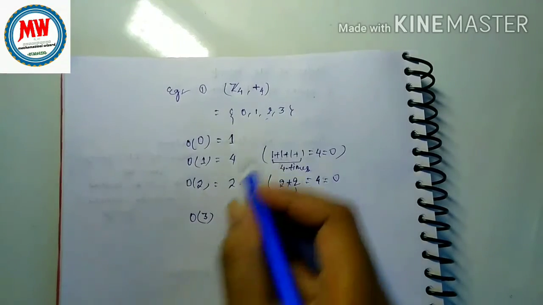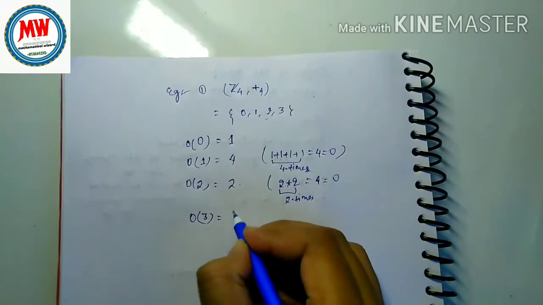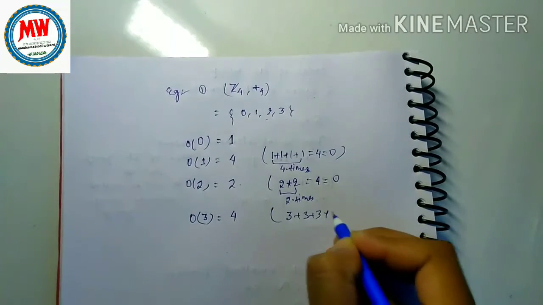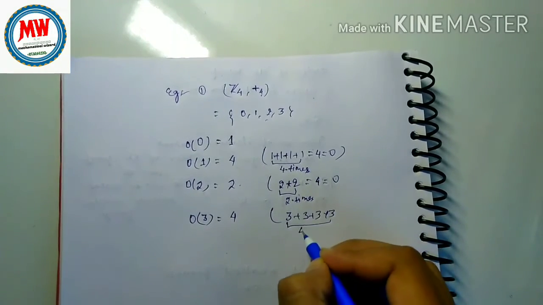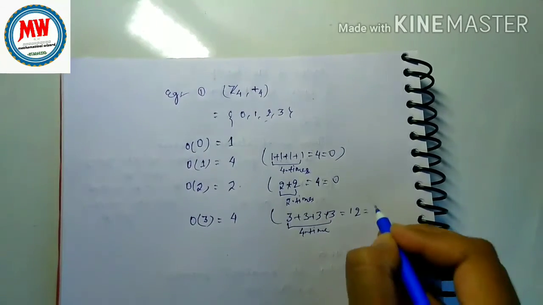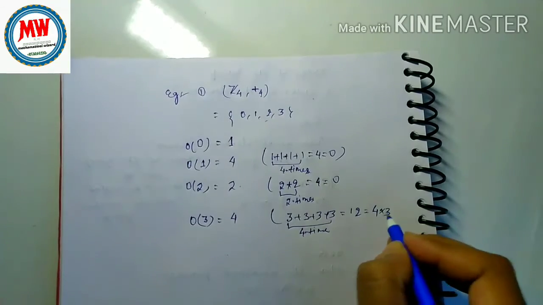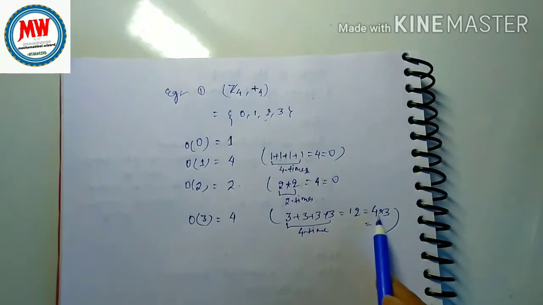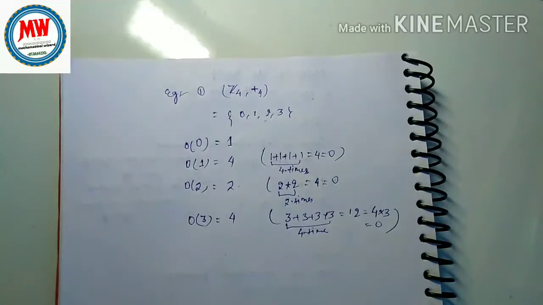And order of the element 3 is 4, because we have to add 3 at least 4 times to get 0. It is equal to 12, and 12 is equal to 4 into 3, and it is 0 in this group, because any multiple of 4 is 0 in this group.